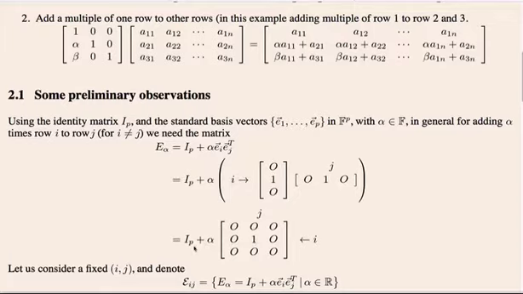And this is what we are adding to the identity matrix. In this case, this was alpha, but we can also combine it with another of these operations.